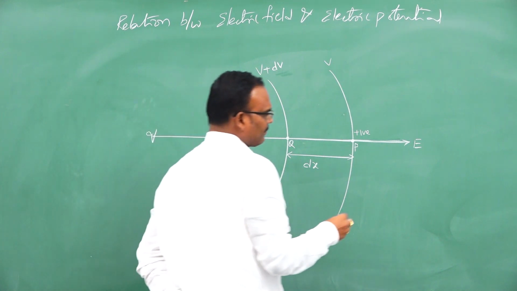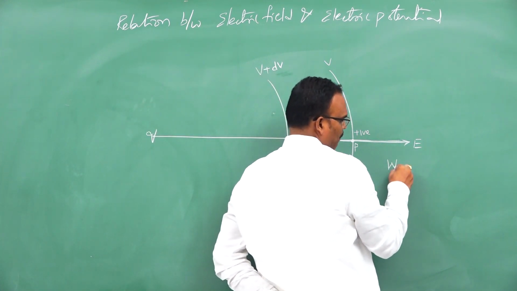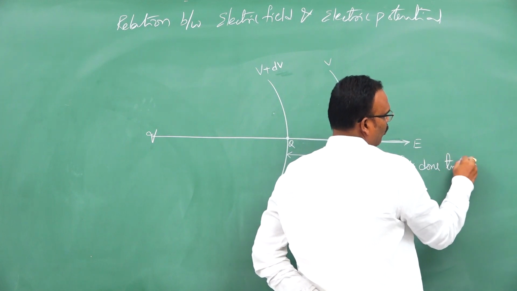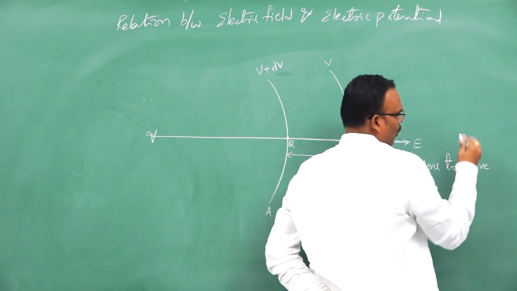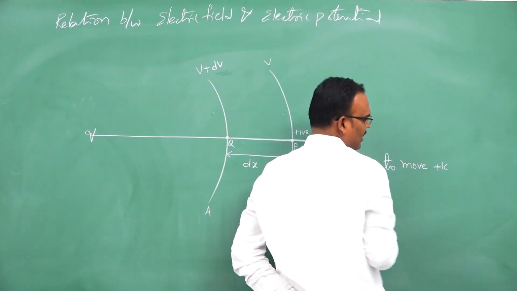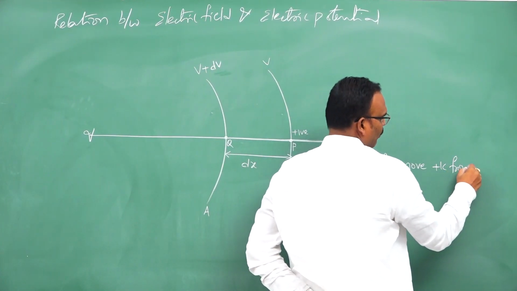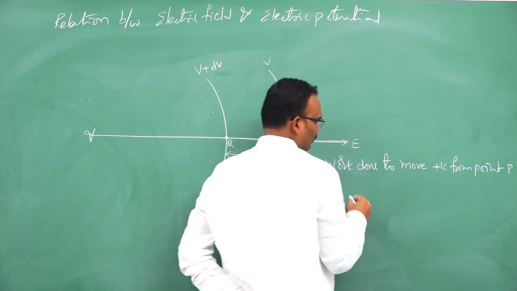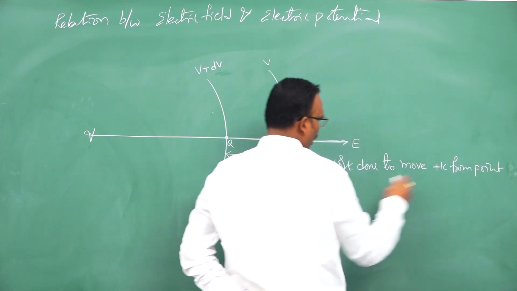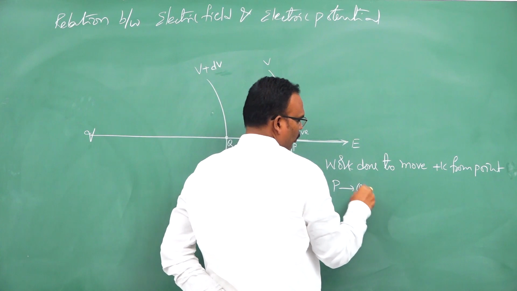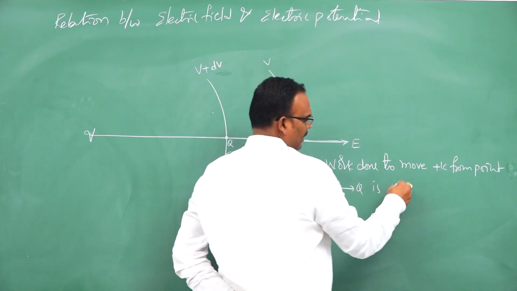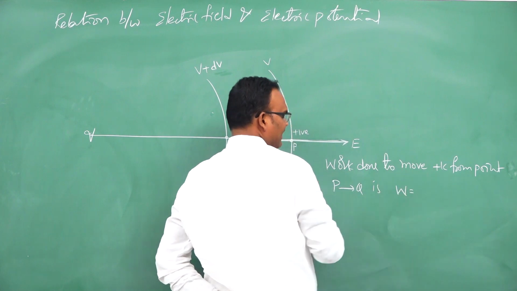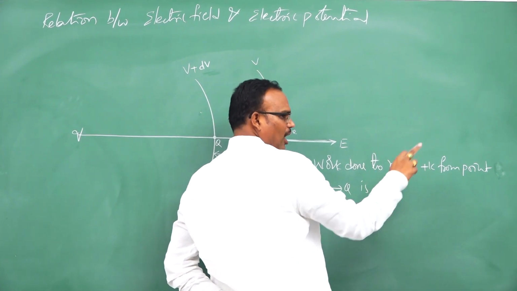So, work done to move a unit positive charge from point P to Q is W equals force into distance. Here W = F S cos theta.